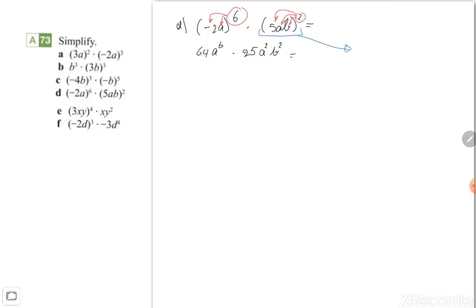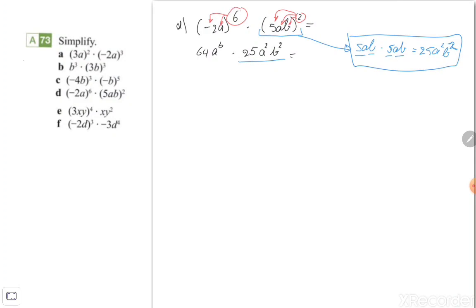You do 5ab squared, that's 5ab times 5ab. So 5 times 5 is 25, a times a is a squared, and b times b is b squared. So the answer here is 25a squared b squared.